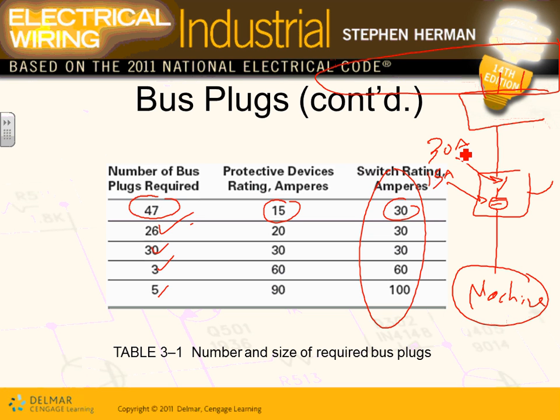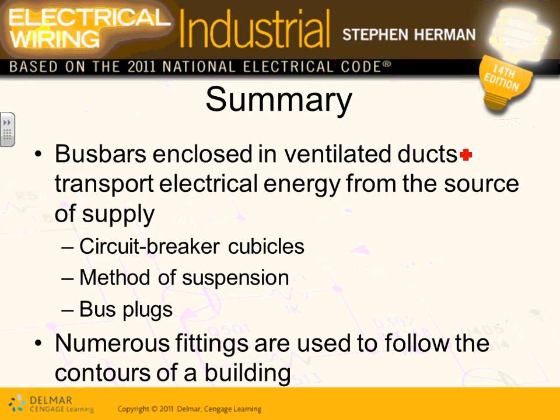So I have a fuse disconnect. Typically, the disconnects come in bigger sizes than the fuses. Fuses come in more sizes than the disconnects. That's what I'm trying to say. Now in our project, guys, I think we have something like 20, 25 machines that we need to feed at different voltages.